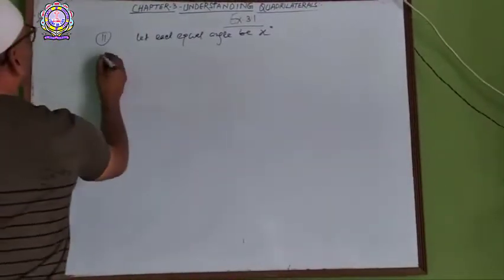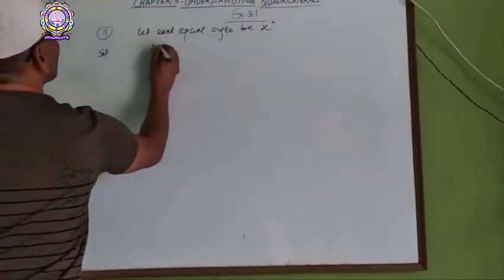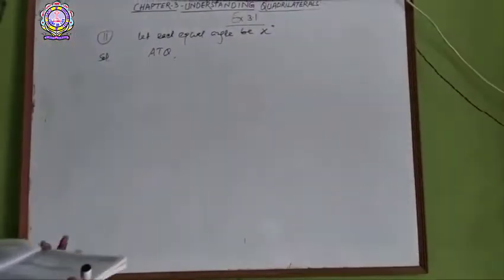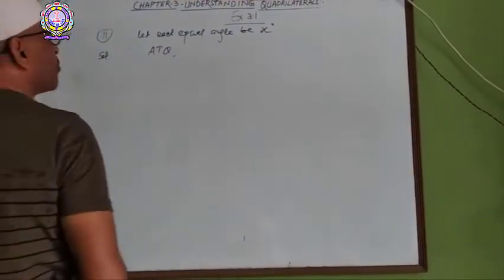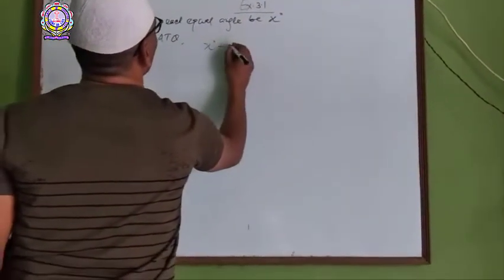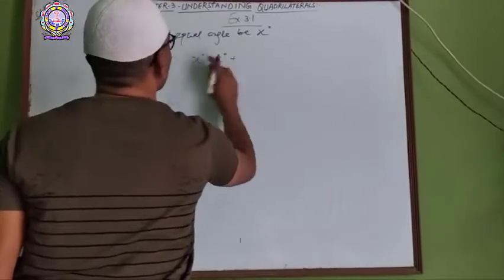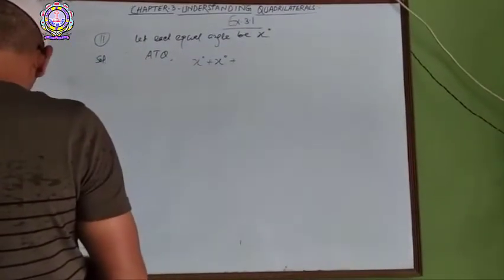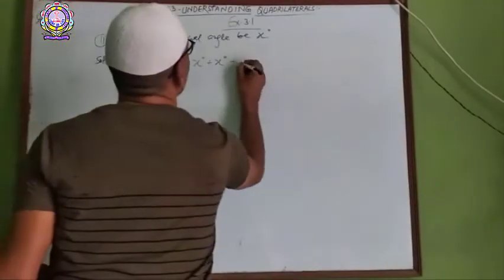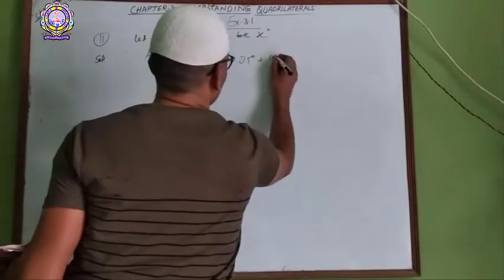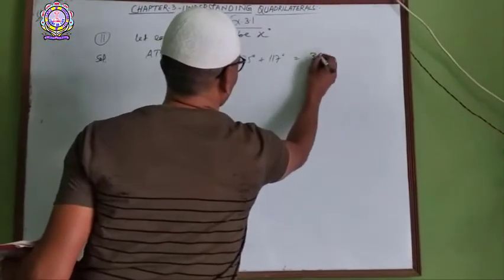Okay, according to the question, you know that the sum of all four angles of a quadrilateral must be equal to 360 degrees. Therefore, x degrees plus x degrees, these are the two equal angles, and 85 degrees and 117 degrees must be equal to 360.